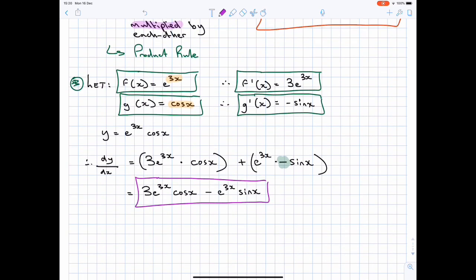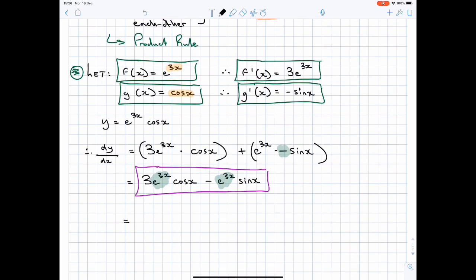And what we could do is take this a step further and realise that in both of these parts we've got e to the 3x. Because we've got two expressions and part of it is the same, we could factorise that outside, which would be e to the 3x, and that's what I'm going to do.